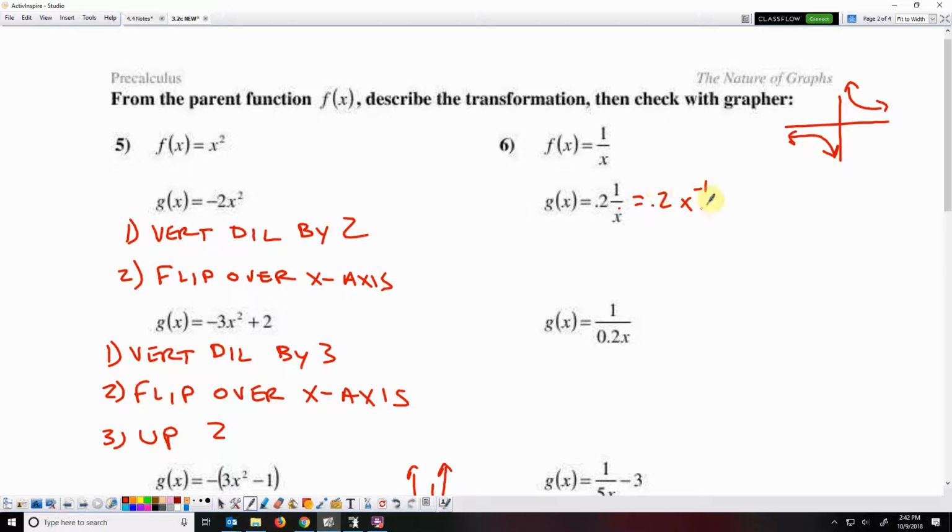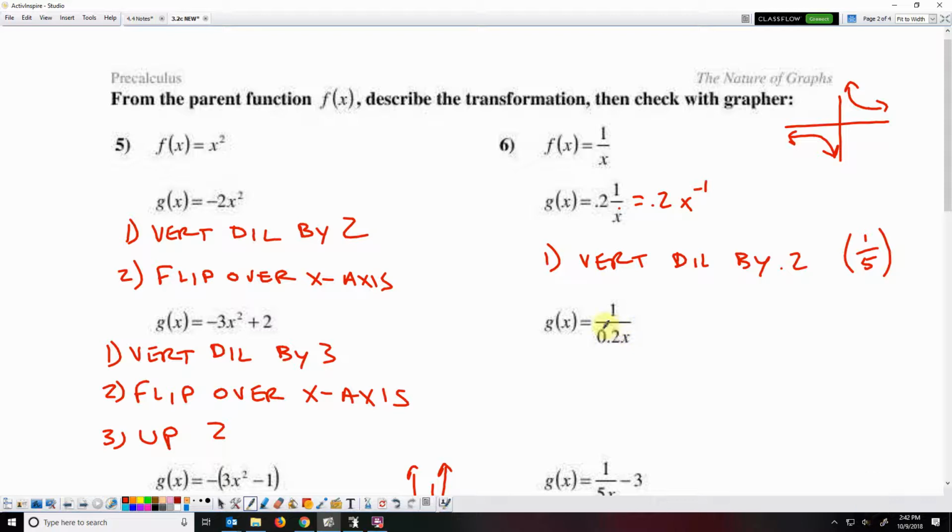So that 0.2 is not inside of that x to the negative 1 power. So that is a vertical dilation by 0.2. Or you could say it's by 1/5. So it gets 1/5 its original height.